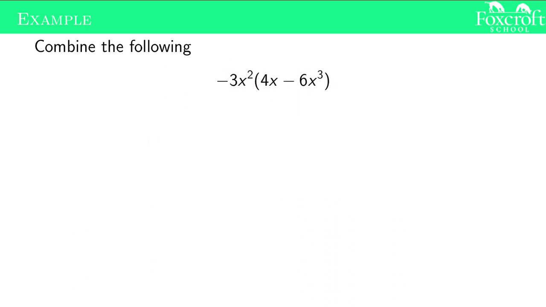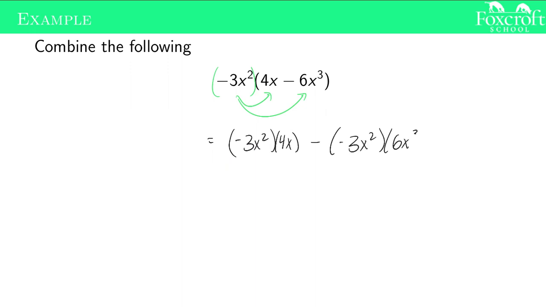One more example. Negative 3x squared is this whole term being distributed in. Again, I'll write it out. You don't have to do this every single time once you get used to the distributive property. The first one, negative 3 times 4 gives me negative 12.